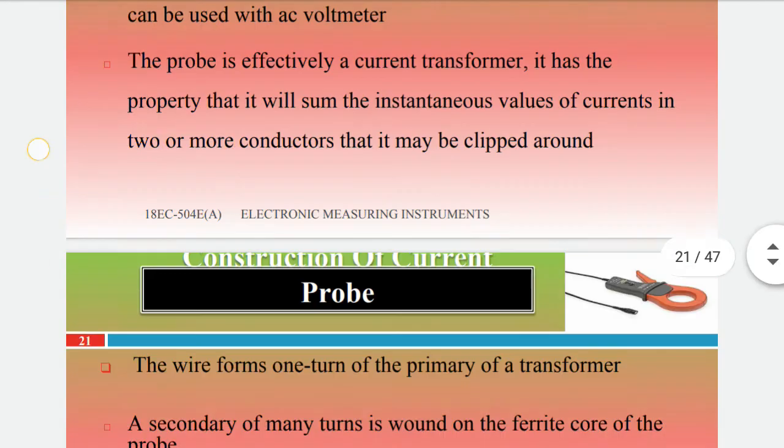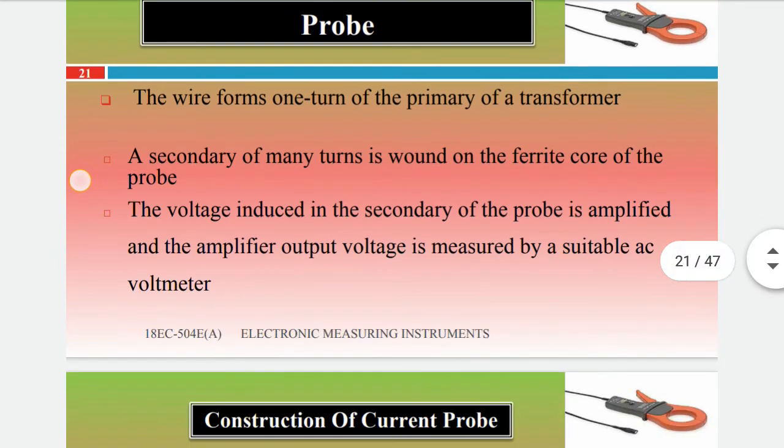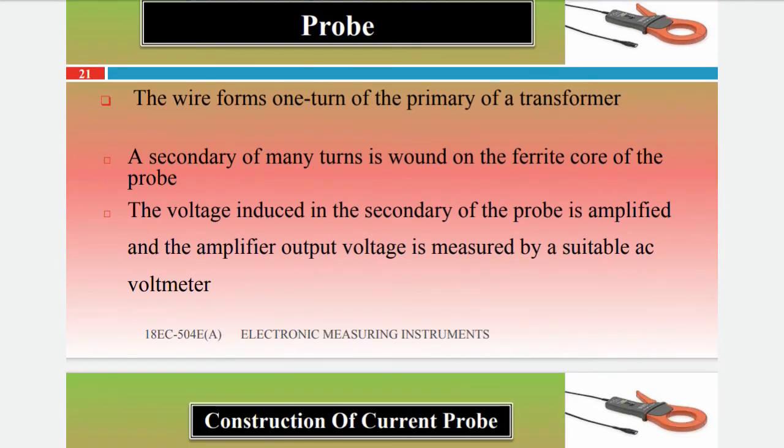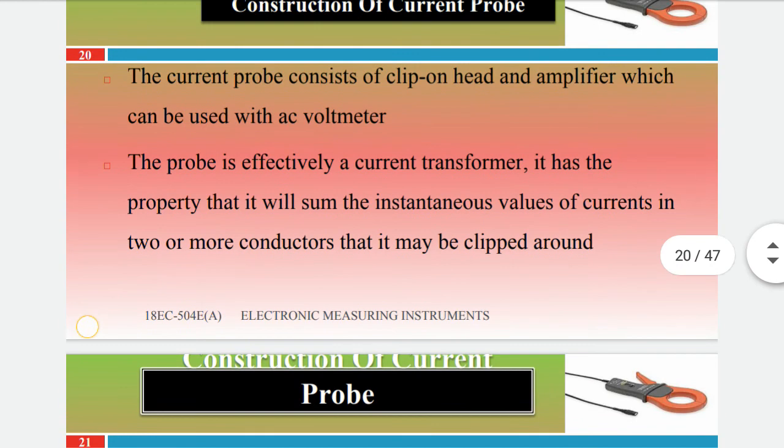The wire forms one turn of the primary of a transformer, and the secondary of many turns is wound on the ferrite core of the probe. The voltage induced in the secondary of the probe is amplified, and the amplifier output voltage is measured by a suitable AC voltmeter. We have already discussed that the probe is a current transformer.